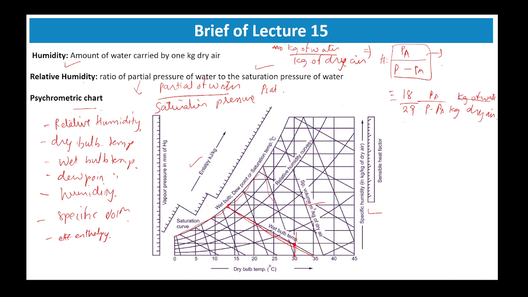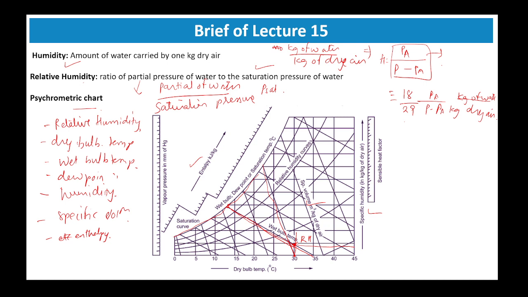All these lines are relative humidity lines. If you draw one such line here, the percentage which shows here will be the relative humidity. If you stretch this point to this side, then what you will get is specific humidity, or humidity in kg per kg of dry air.